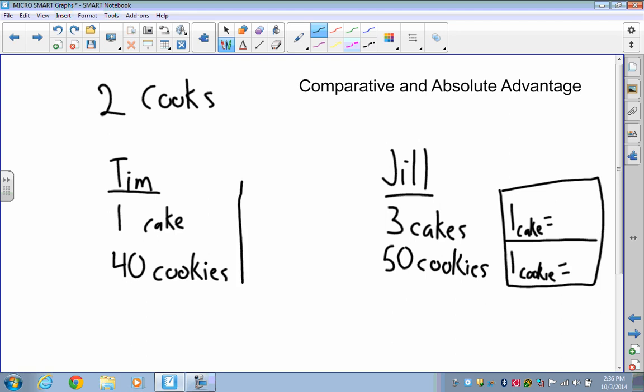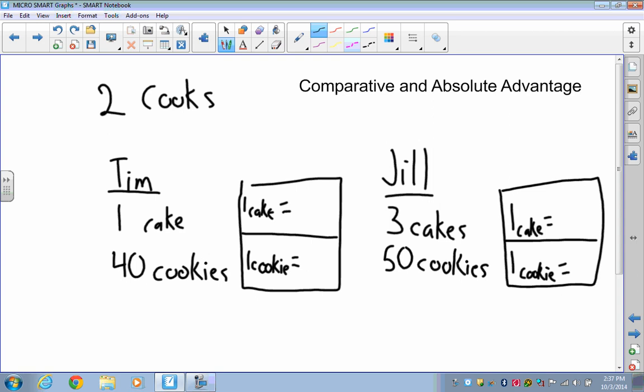And then over here, let's see if you can solve for this. Okay, ready? Let's go ahead and see.